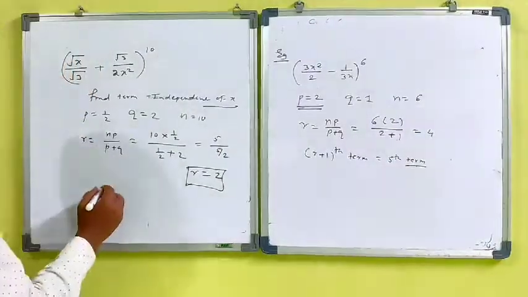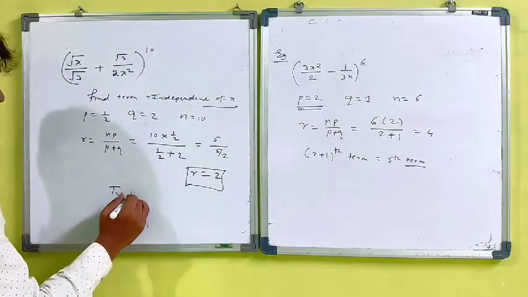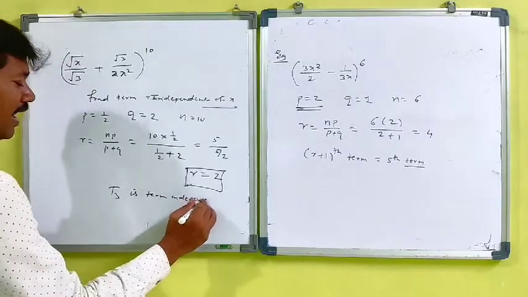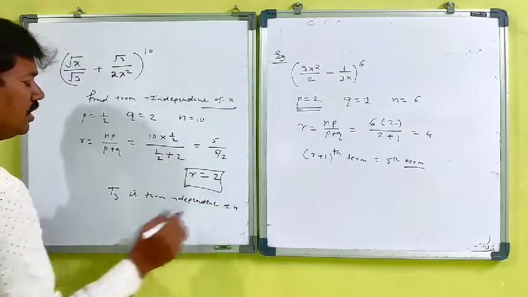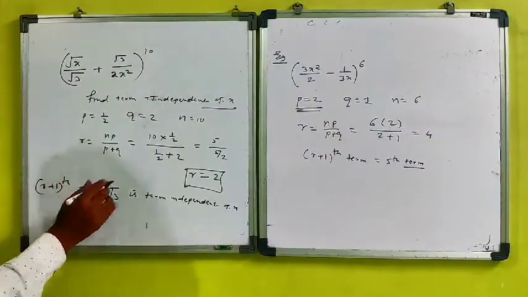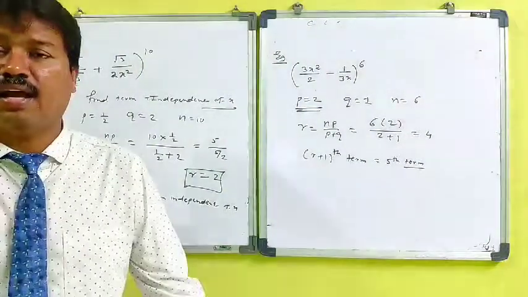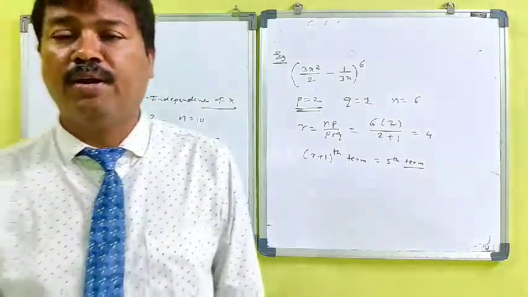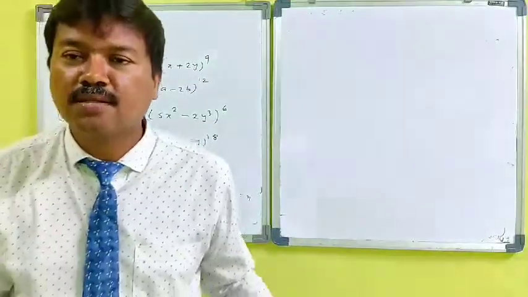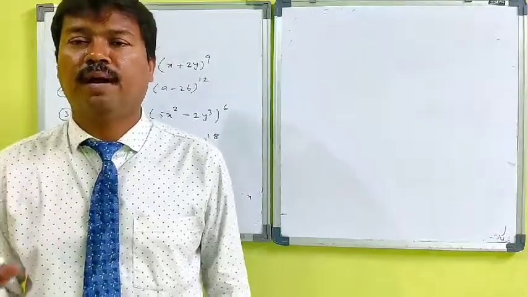Therefore, the third term T3 is the term independent of x. That's it, very simple. Always the r plus 1 term. Remember that. The r plus 1 term means T3 will be the term independent of x. That's it.